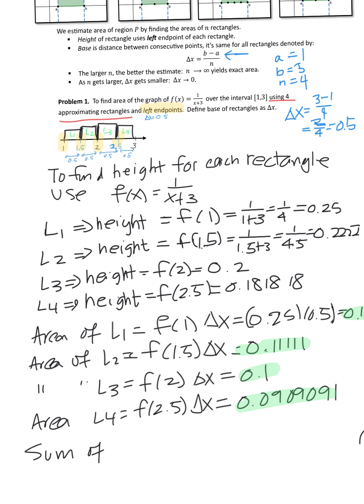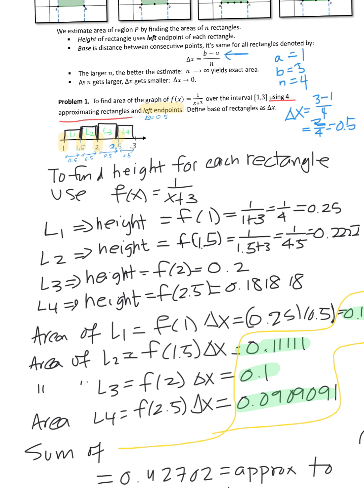Let me actually use a different color here. Let's use yellow. So the sum of all of these that are getting highlighted right there, we're going to get that they all add up to 0.42702, and this is an approximation to the area of P1.